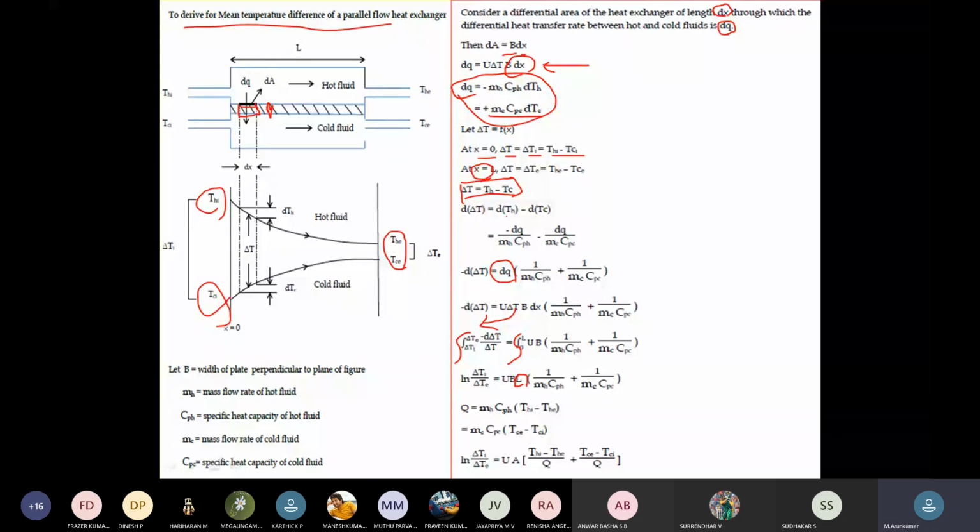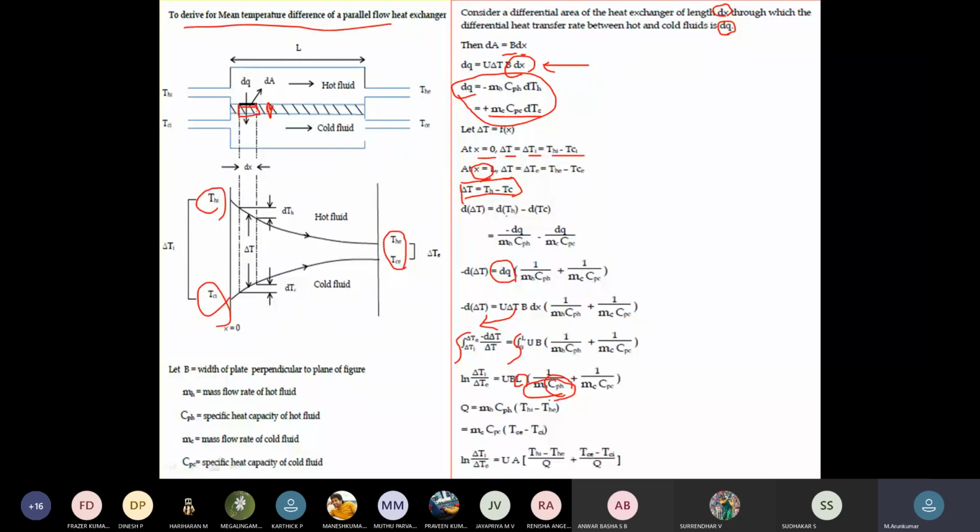So we know capital Q is equal to m Cp delta T for the hot fluid, and capital Q for the cold fluid is also m Cp delta T. So that can be substituted here.